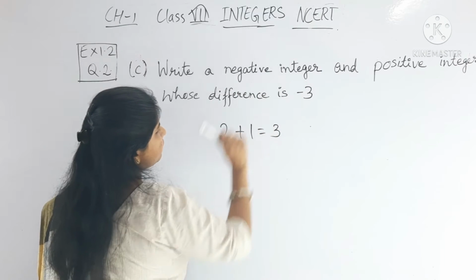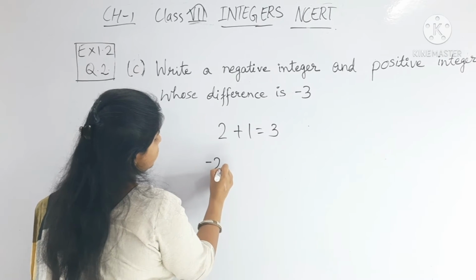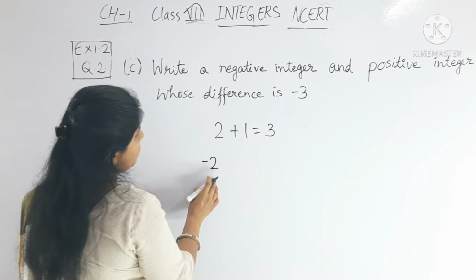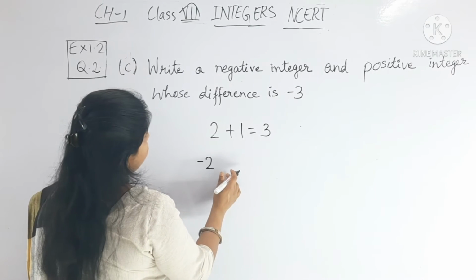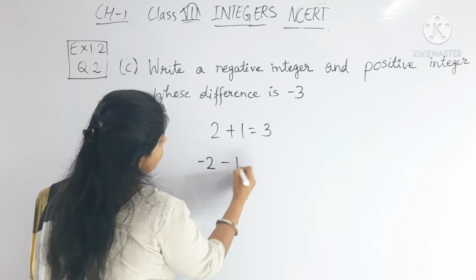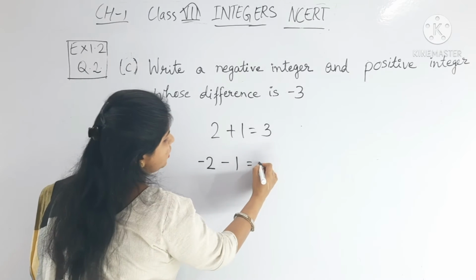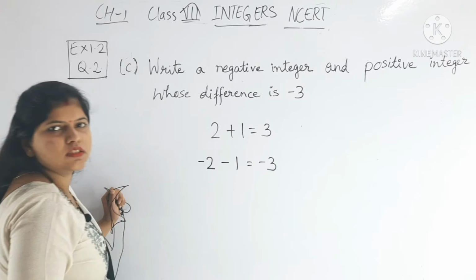Write down a negative integer. So I have put -2, whose difference is -3. So -2 minus 1 is equal to, so minus will be plus, it will be -3.